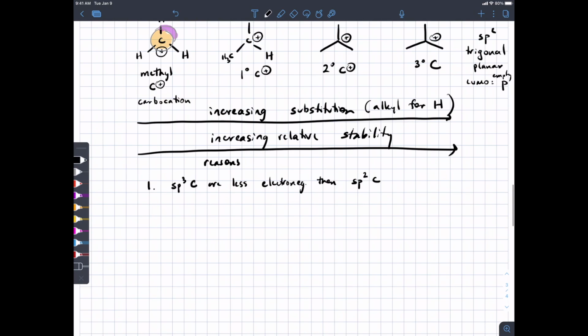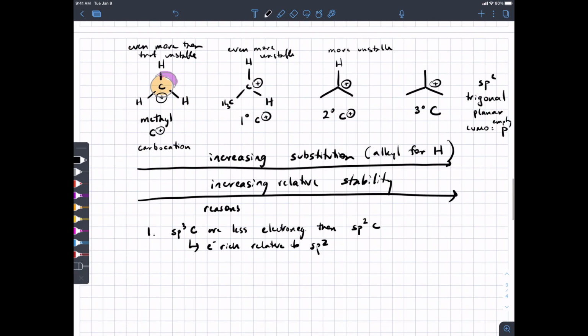What this means is sp3 hybridized carbons are electron rich relative to sp2, and so the more of these sp3 carbons you have, the more opportunities you have for inductive donation of electron density from the neighboring carbons.